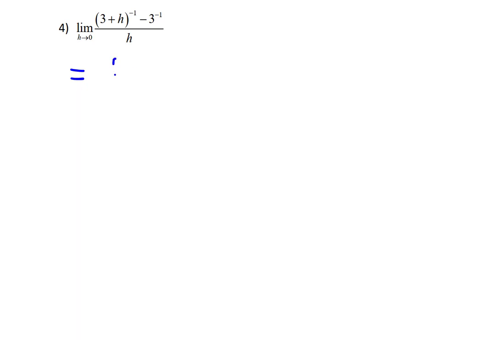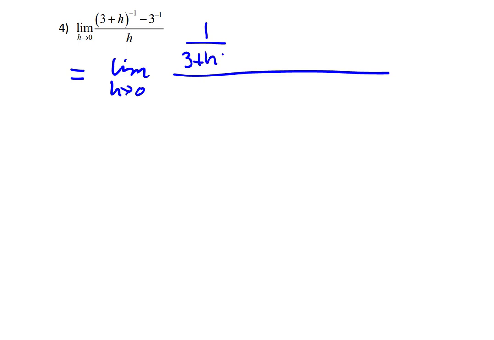We can rewrite this as the limit as h approaches 0 of, in this numerator, instead of 3 plus h all to the negative 1 power, we can write that as 1 over 3 plus h. That's equivalent. And then instead of minus 3 to the negative 1, I could call that 1 over 3.